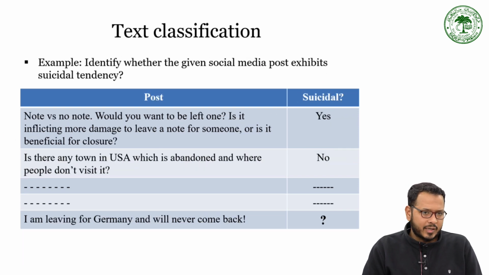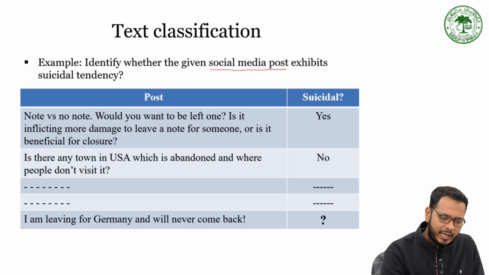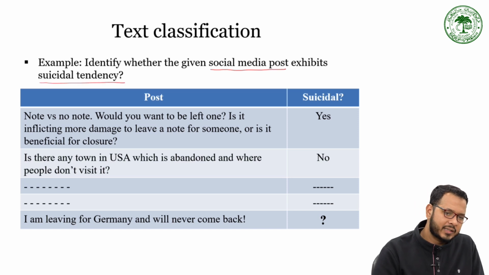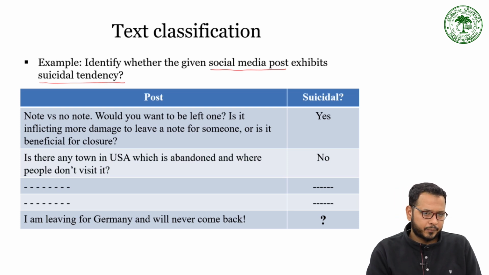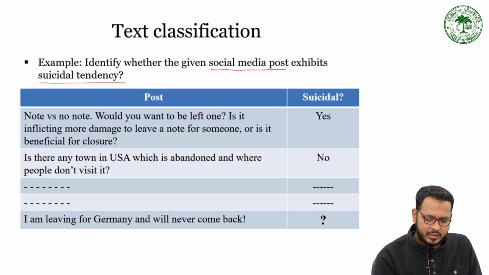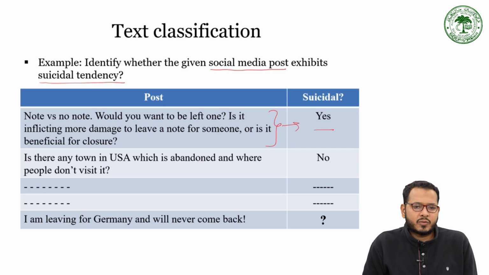There is another example for text classification which goes like this: given some social media post, can the model identify whether that post shows signs of suicide in a person? As you can see, this is taken from some social media. This is a post, and yes, it shows the suicidal tendency.